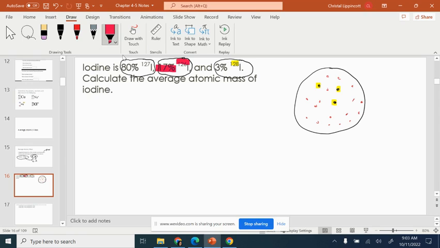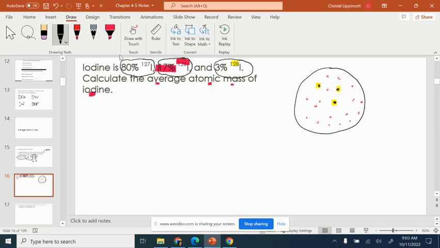So if we're doing a weighted abundance of this, we need to calculate the average atomic mass of iodine. So how do we do that? Well, the first thing we do is we take these values out of percent form. How did I get them into percent form? I got them into percent form by multiplying by 100.